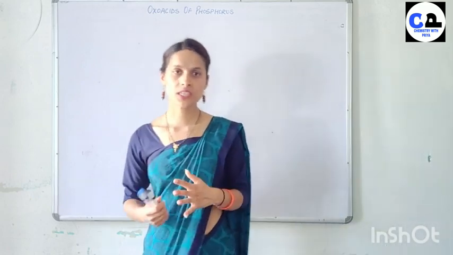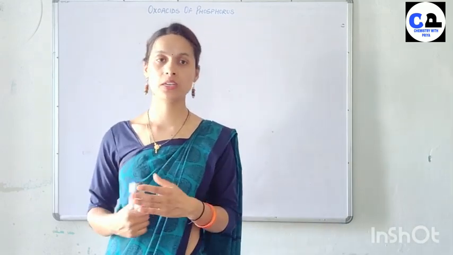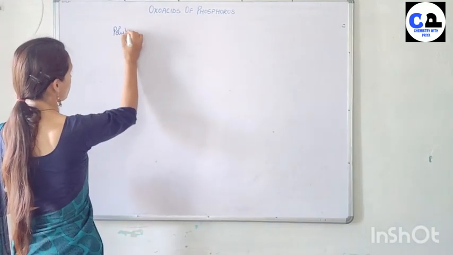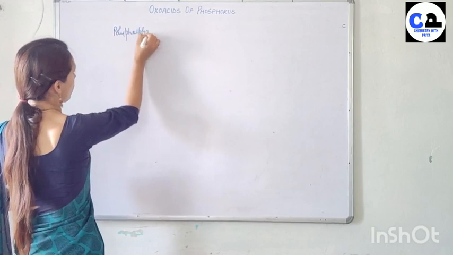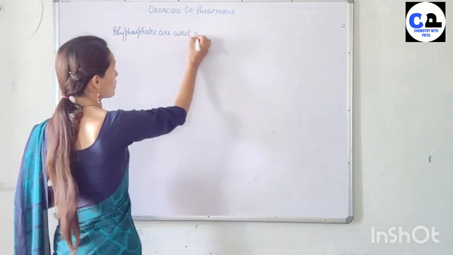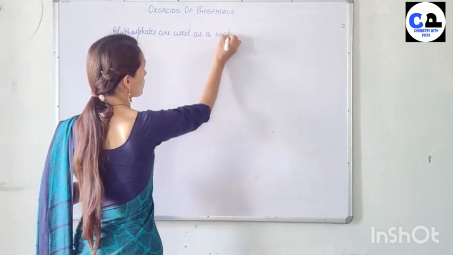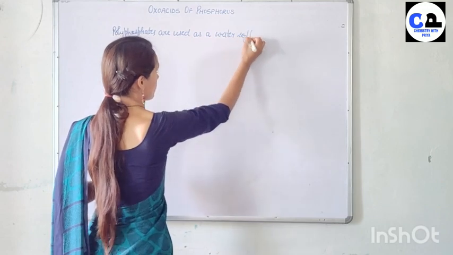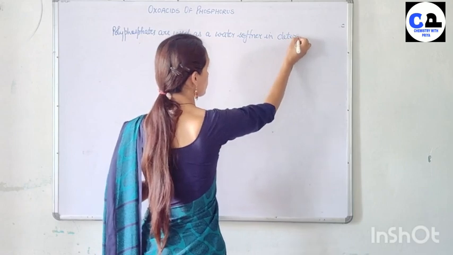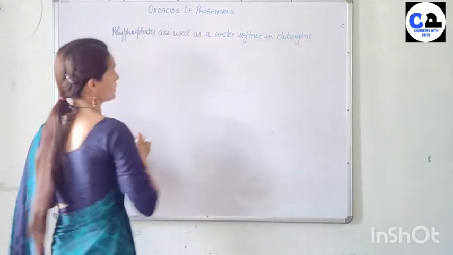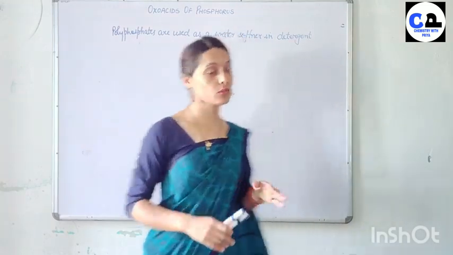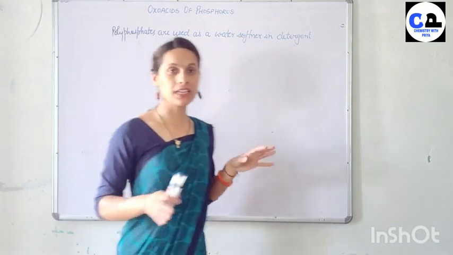Now the polyphosphates are used as a water softener in detergents. That is the use of polyphosphates. But the use of polyphosphate in detergents as a water softener is banned in the USA.